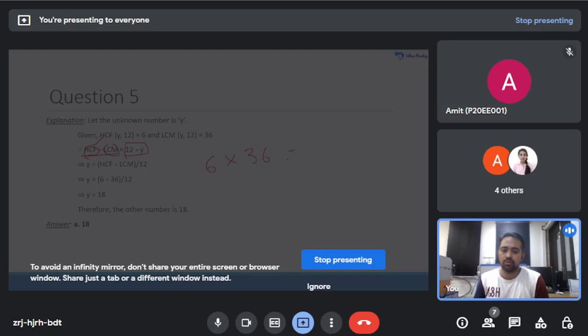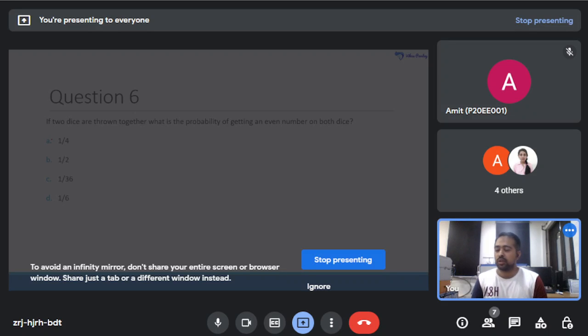This must be equal to 12 multiplied by y. So 6 multiplied by 36 divided by 12, that's 18. Okay, y equals 18. Now let's move on to our next question.